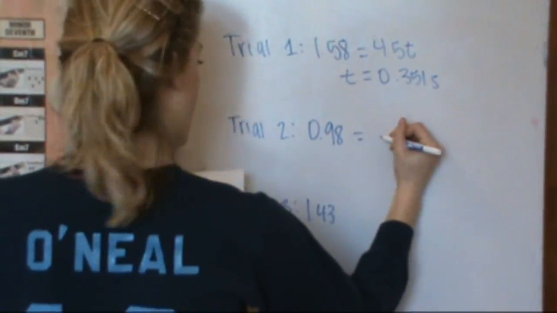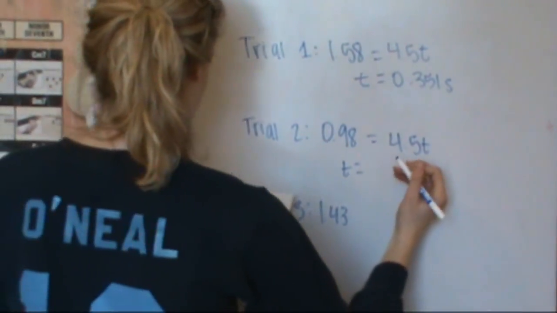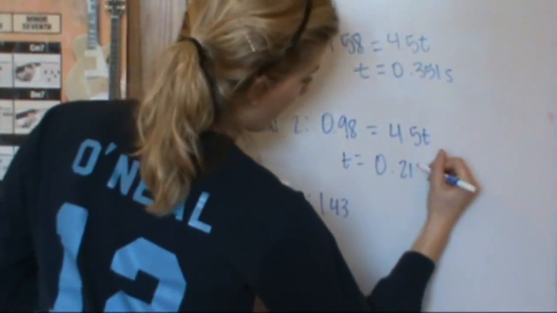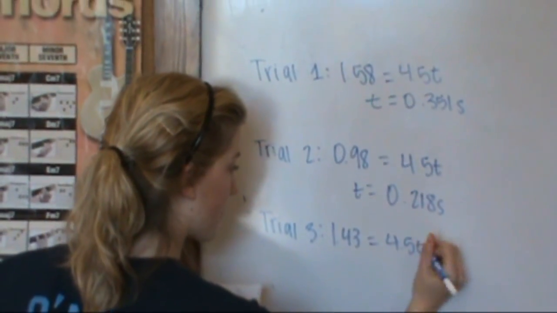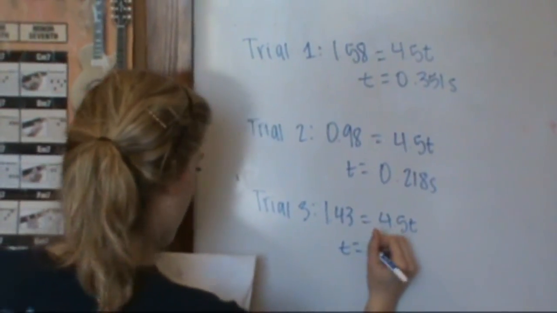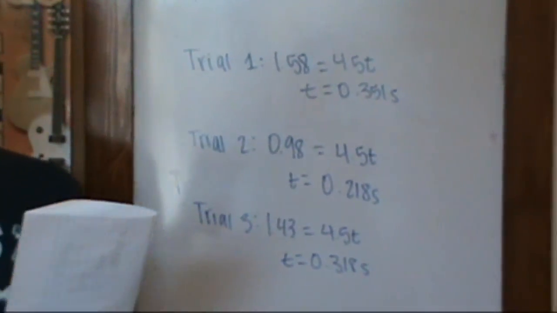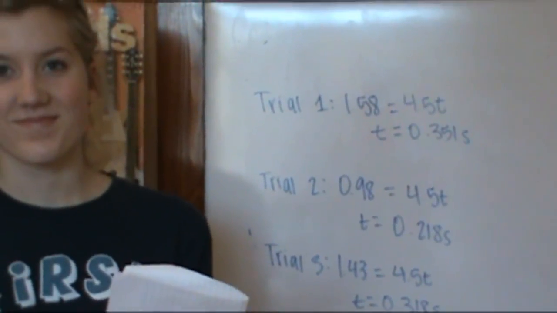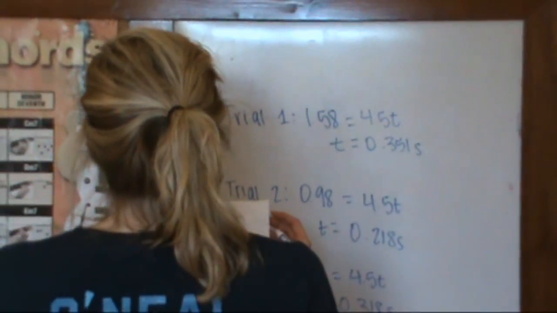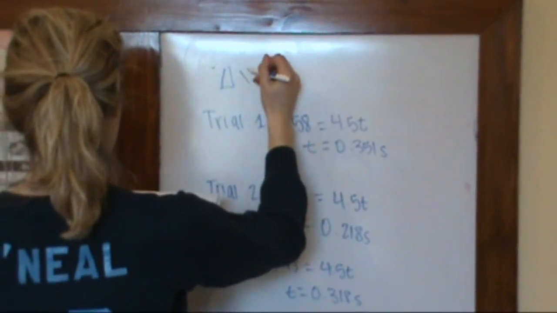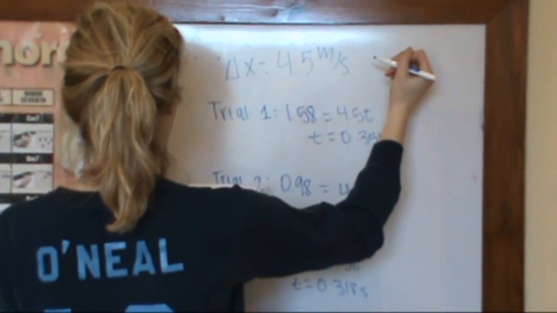For this one, the time was 0.218 seconds, and for trial 3, it was 0.318 seconds. Oh, and we use the equation change of x equals 4.5 meters per second times time.